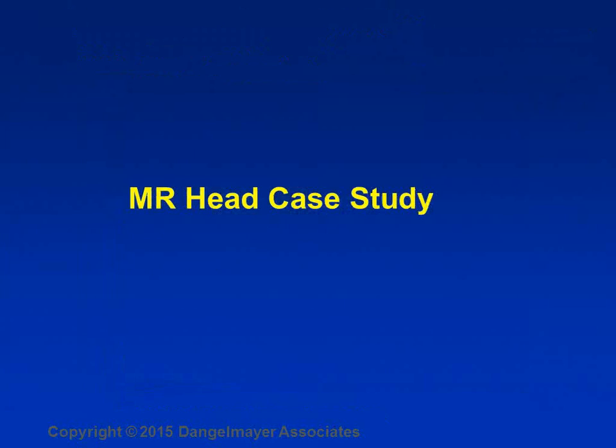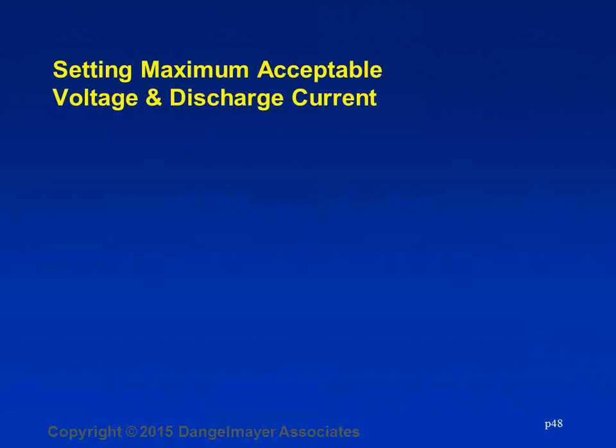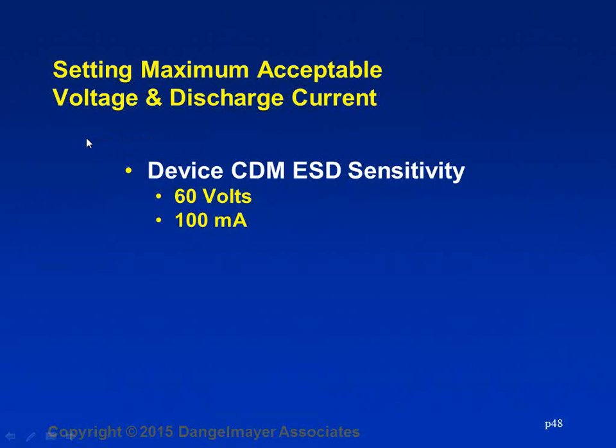Here's a very interesting case study. This is on an MR head, and it's class 0, and particularly interesting, and again illustrates the importance of customization. The setting of in-process requirements requires first to understand the device sensitivity.